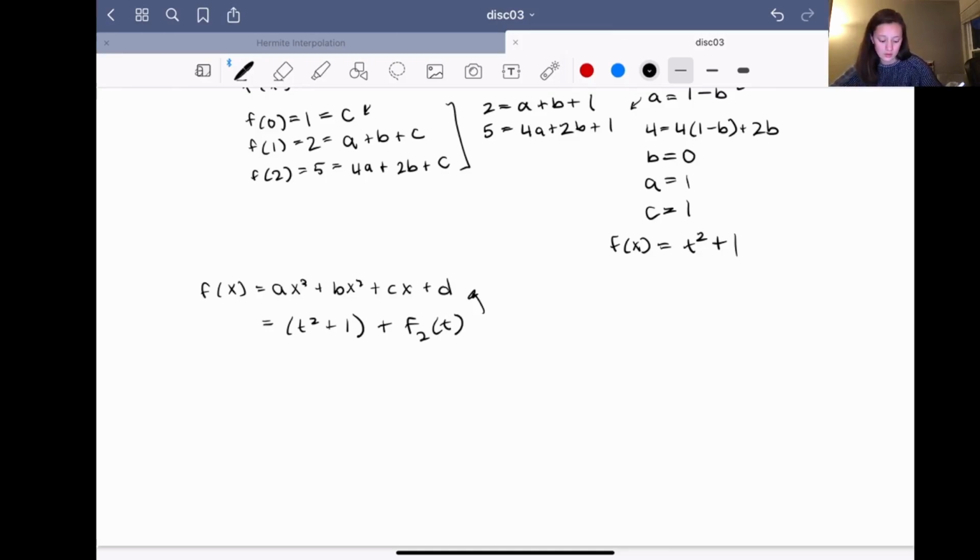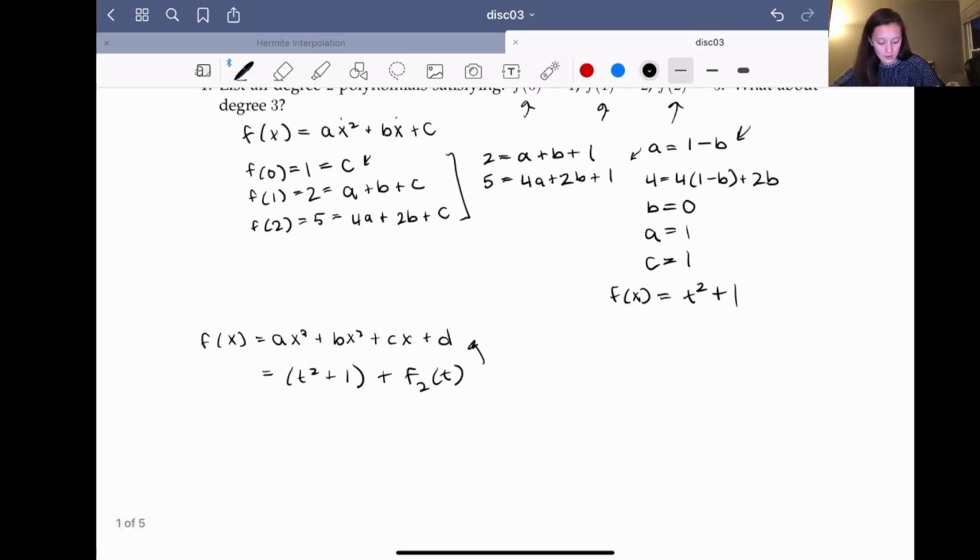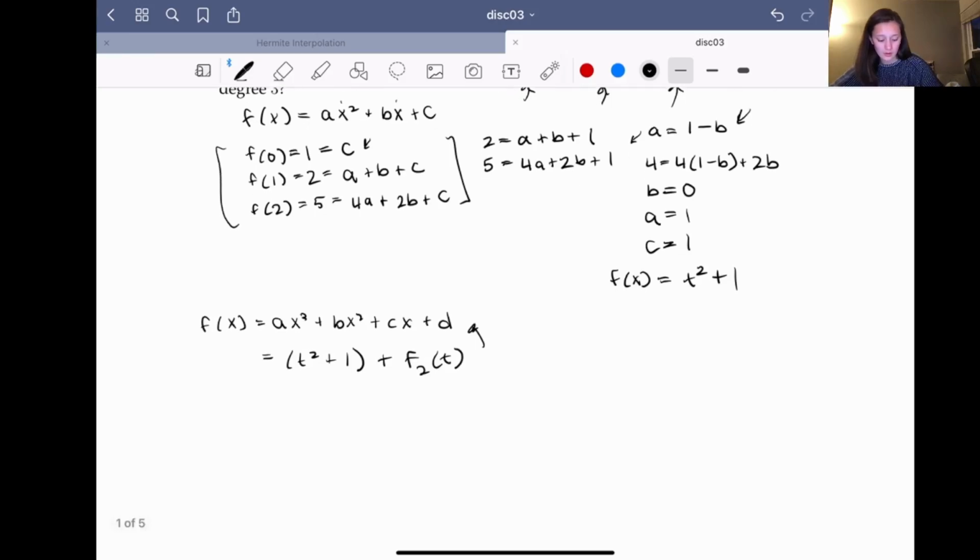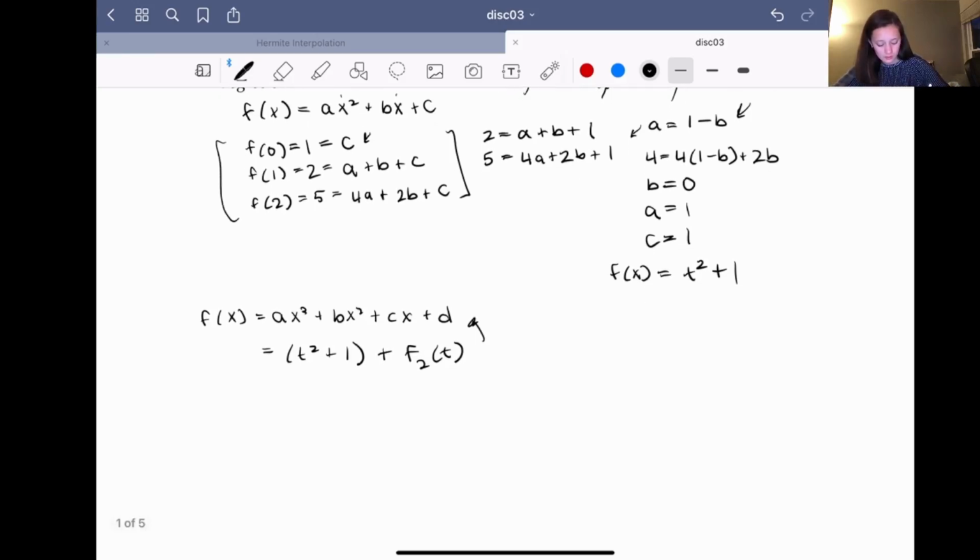And we can just do the same thing as before, where we will plug in our points and get our equations. So we'll have d equals 0.